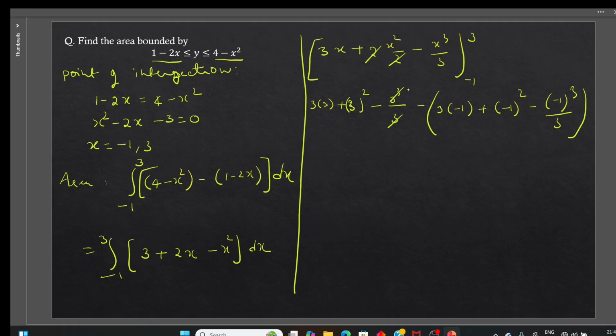Minus 3 square plus 3 square is cancelled. 3 threes are 9, minus 3 times minus 1 is plus 3, minus into plus is minus 1, and minus 1 whole cube is minus 1, minus into minus becomes plus, so minus 1 by 3.